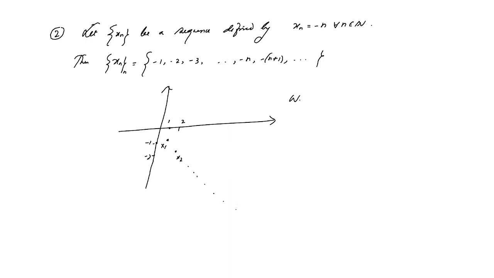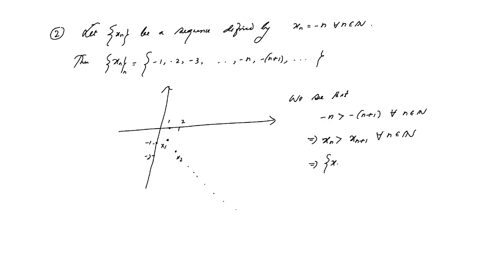And here we see that minus n is greater than minus n plus 1 for all n belongs to natural number. That means xn greater than xn plus 1 for all n belongs to natural number.